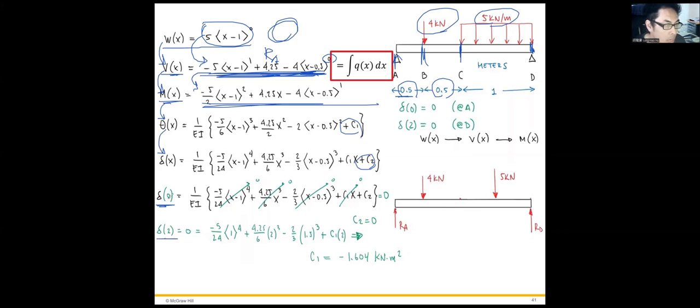One is x equals 0 at point A, where the deflection equals 0. The other is x equals 2, that's point D, where the deflection is also 0. Then we can figure out C2 equals 0 and C1 equals minus 1.604.